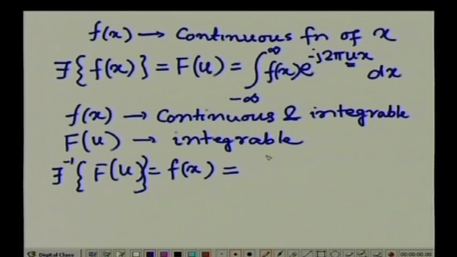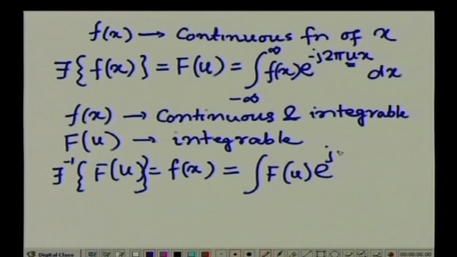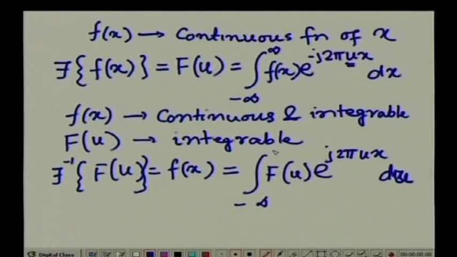This is given by a similar integration: F(u) e to the power j 2 pi u x du, again carried out from minus infinity to infinity. So, from f(x) we get the Fourier transformation F(u), and if F(u) is integrable, using the inverse Fourier transformation we can get back the original continuous function f(x).